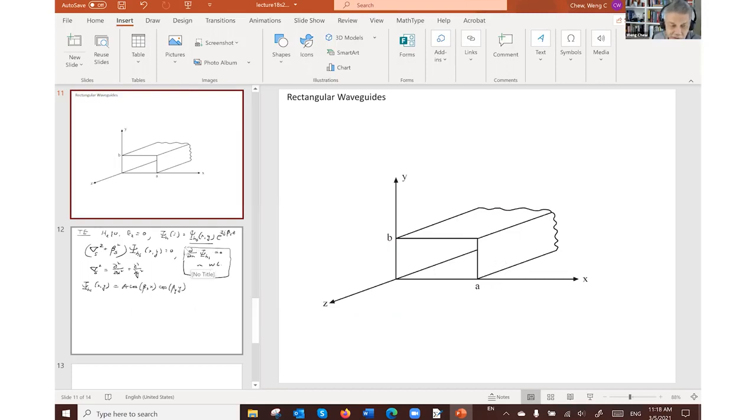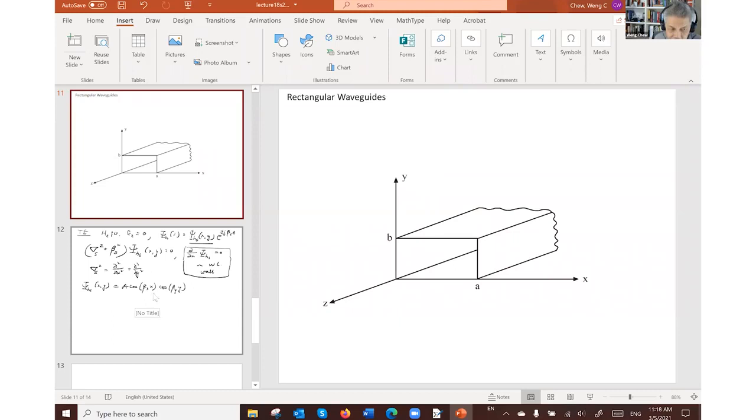You have to impose this Neumann boundary condition on the waveguide wall. So the normal derivative from this wall and that wall would be differentiating in the normal directions, and that would be differentiating with respect to x. And then you have to impose the fact that the normal derivatives have to be equal to 0 on the top and the bottom wall, and those two walls you have to differentiate with respect to y.